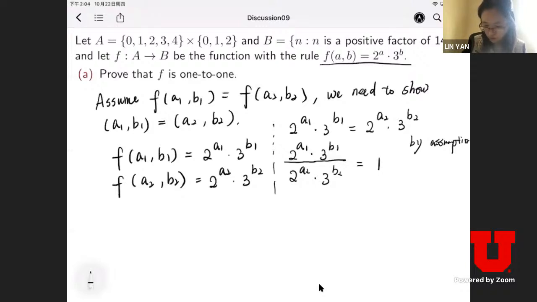And rewrite the left-hand side, we have 2 to the power of a1 minus a2 times 3 to the power of b1 minus b2 is equal to 1. And then 1 is equal to 1 times 1, so it is equal to 2 to the power of 0 times 3 to the power of 0.